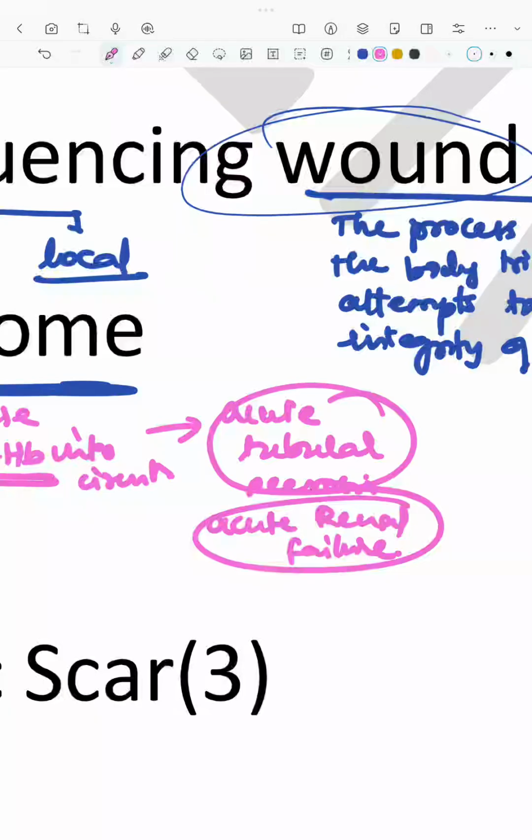The filtrate leaks back into the interstitium, and this decreases the GFR and causes acute renal failure. So this is the overall cause.